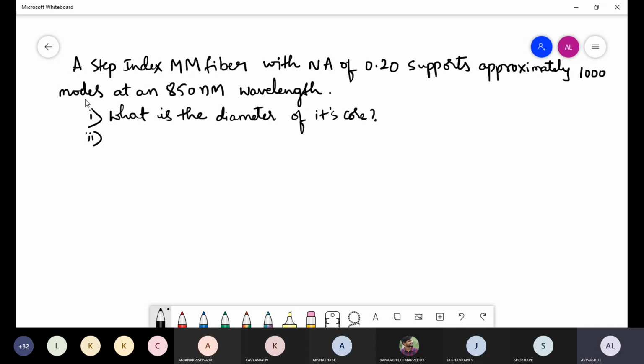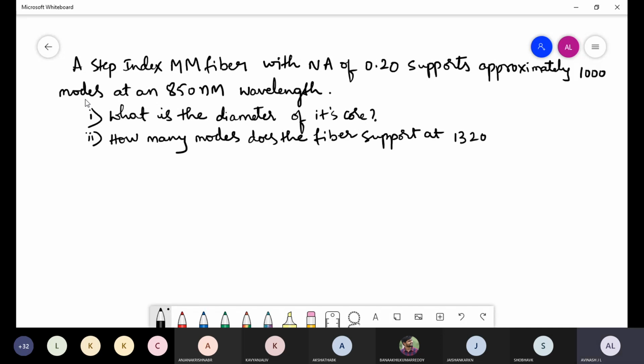Second sub question is, how many modes does the fiber support at 1320 nanometer?